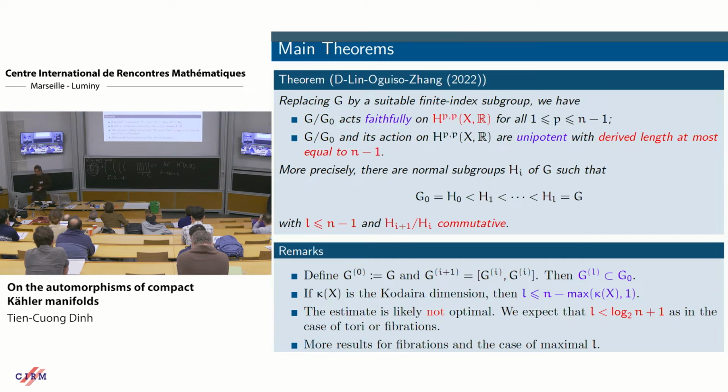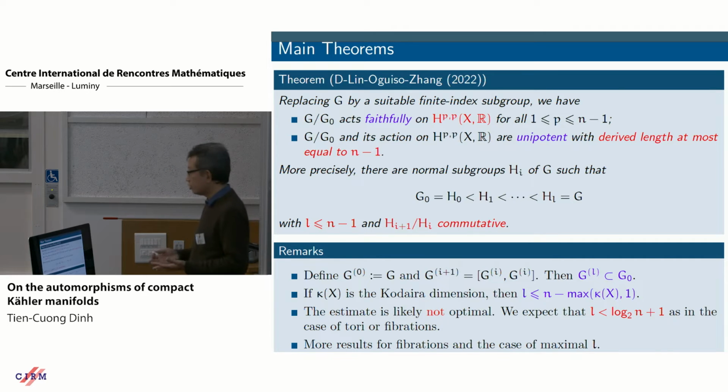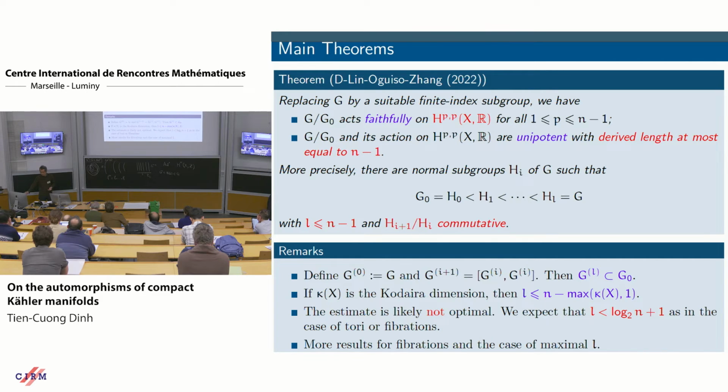This is the first part. The second part, which is more important: the action on H^{p,p} is unipotent, and the derived length is at most equal to n minus 1. So more precisely, there is a filtration of subgroups of G. So here H0 is equal to G0, H1 contains H0 and so on, HL is equal to G, where L is at most equal to n minus 1.